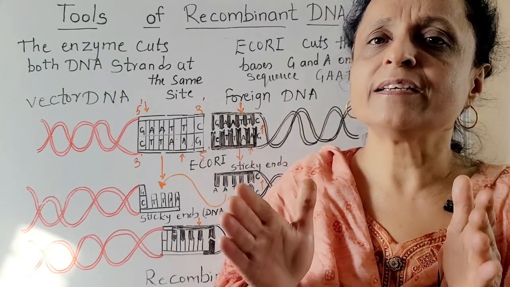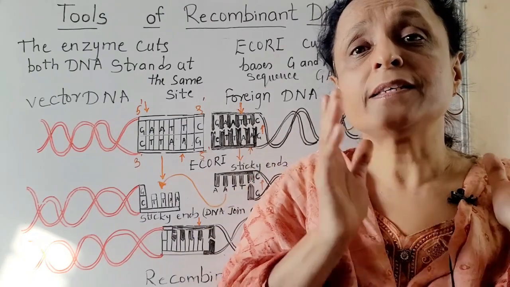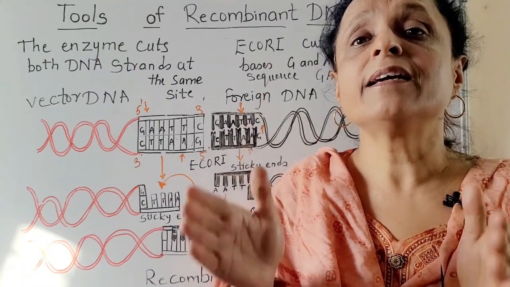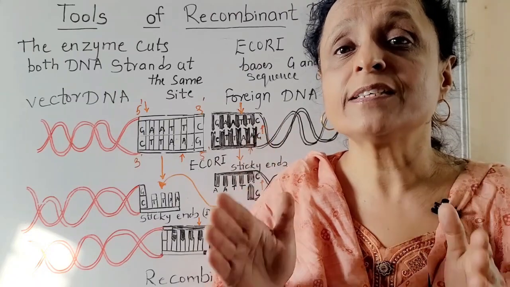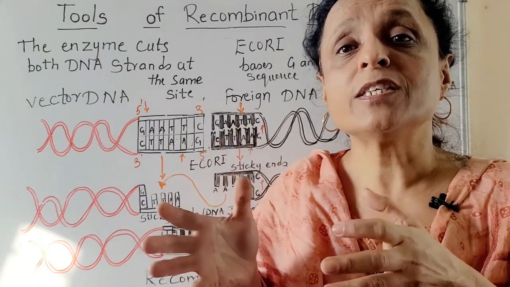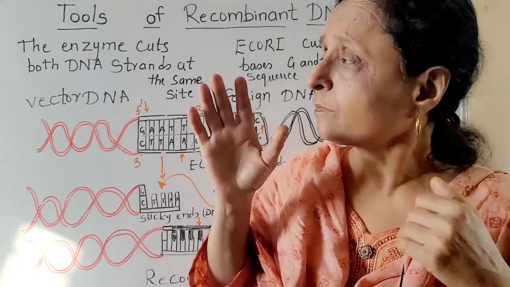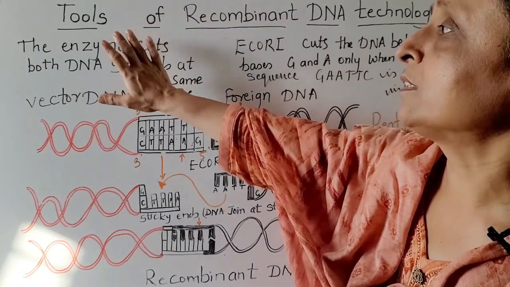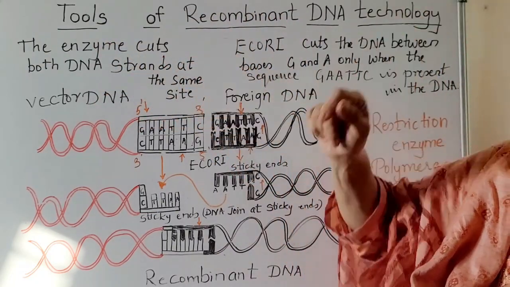Our desired DNA can be transferred from bacteria from wherever we want, but the cutting is possible only with the help of restrictive enzymes taken from the bacteria. Now, let us see how this enzyme works. The enzyme cuts both DNA strands at the same site.